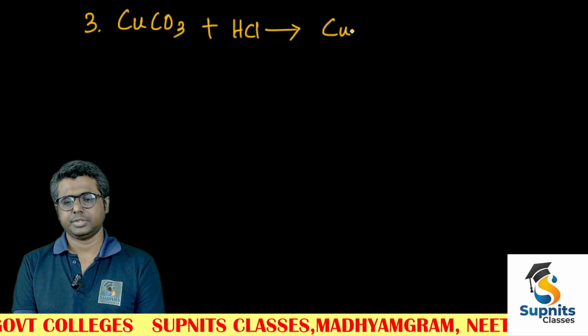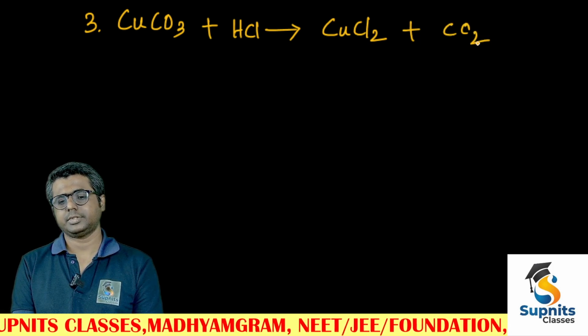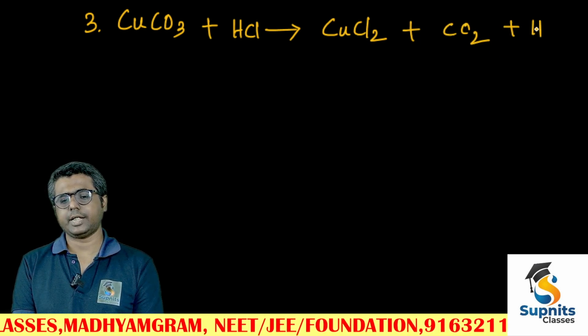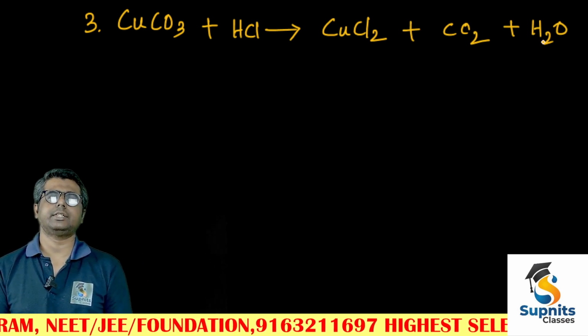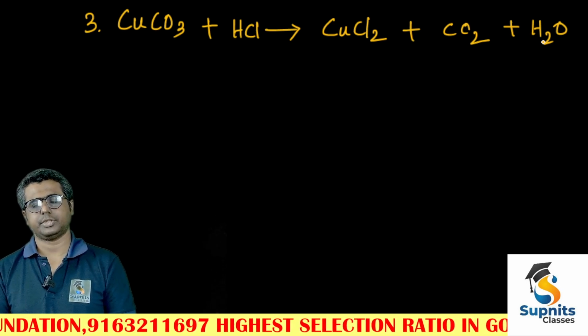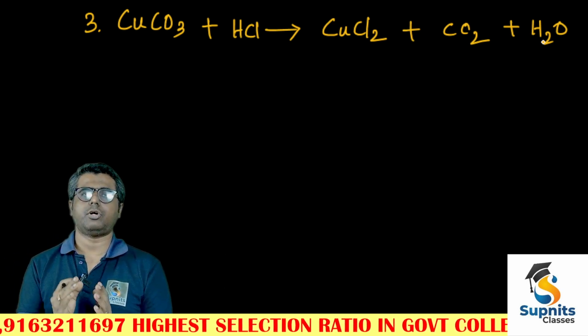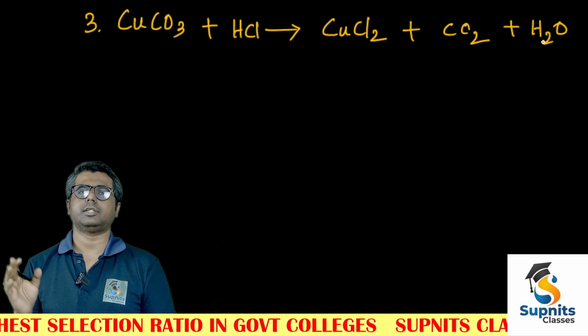So, here we will get CuCl2, the salt, plus CO2 plus water. Any carbonates or bicarbonates, whenever reacted with any dilute acids, will give you salt, water, carbon dioxide. Sulfides and bisulfides, salt, water, sulfur dioxide.